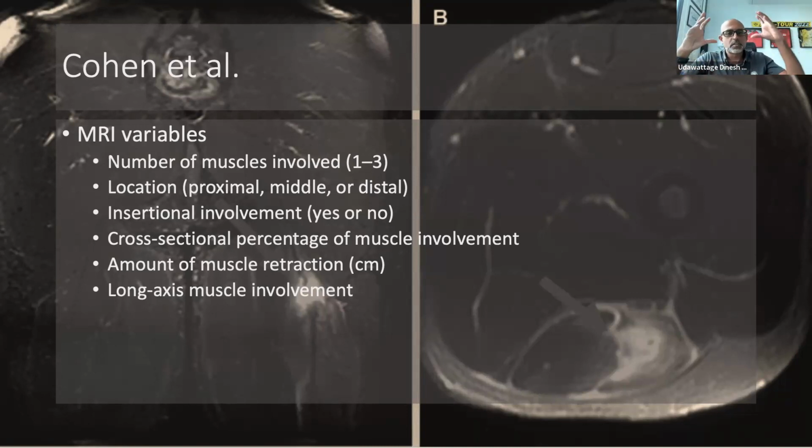Then they attributed a score to all of these things and said, this is the grading of the injury. For this cohort and for this study, clearly it was relevant. But the ability to extrapolate to other injuries, such as the rectus femoris in the cases that we've seen, may be somewhat limited as well.